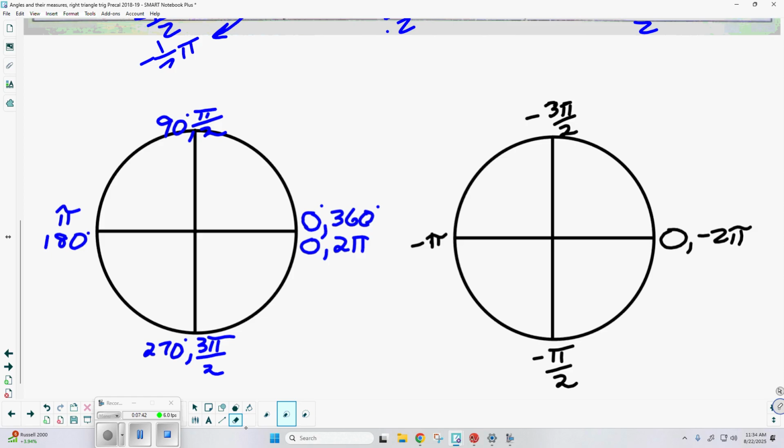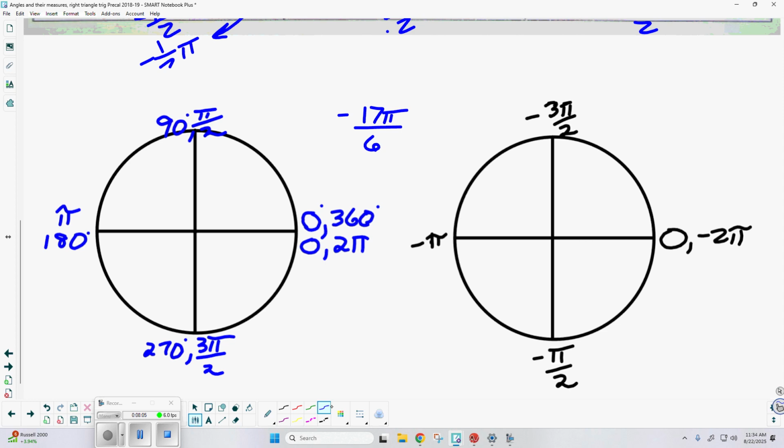Okay. So my next one here, negative 17 pi over 6. So I'm going to give you a few seconds to go ahead and take care of that one, and then somebody's going to come on up and help me.